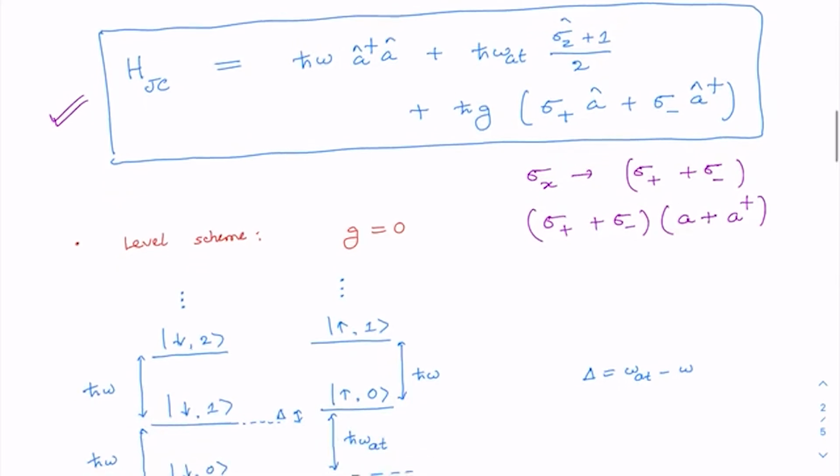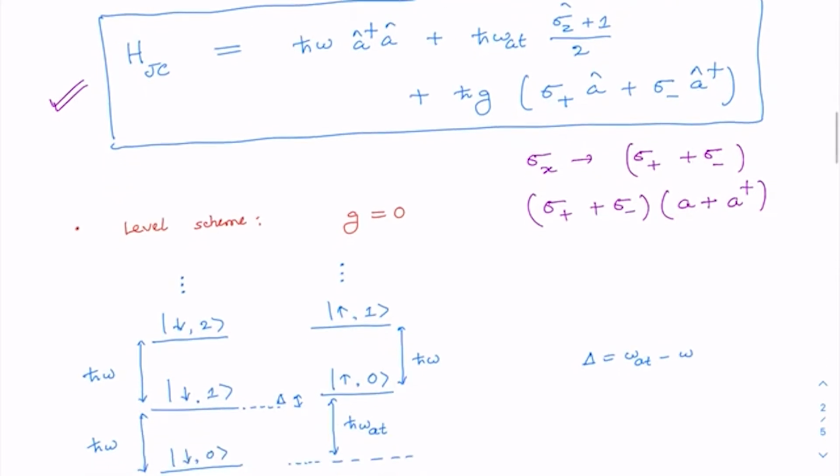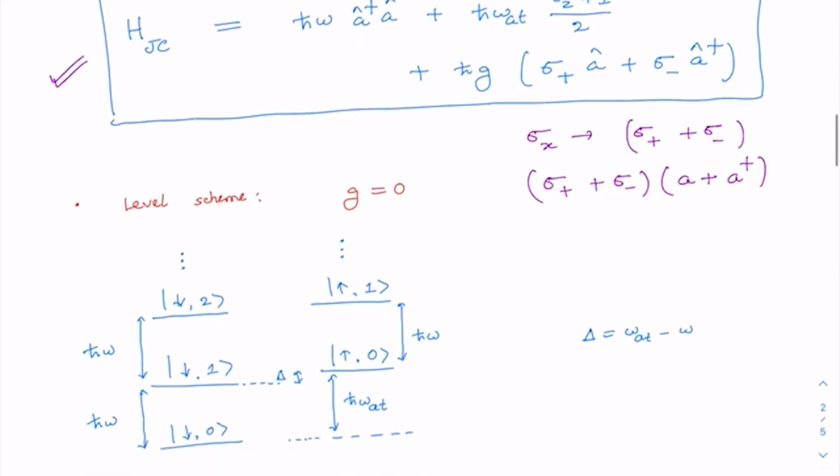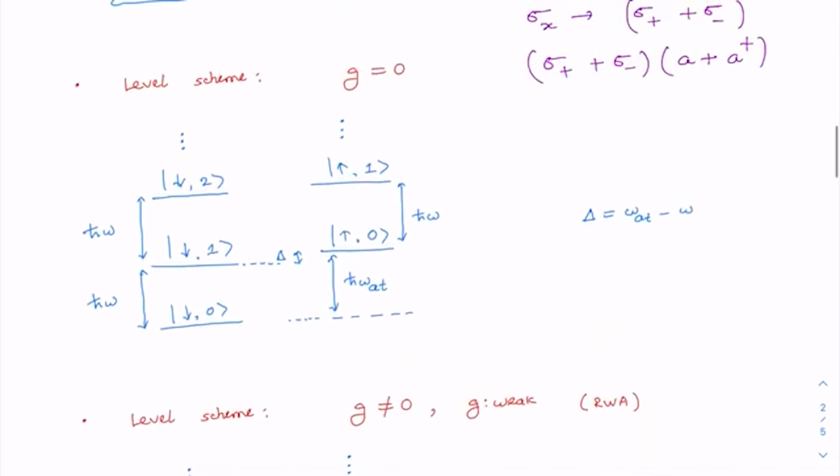Now the level scheme based on this RWA Jaynes-Cummings model we discussed. Here, as you see, when the coupling is 0, we can have two kinds of harmonic oscillator ladders depending on whether the atom is in the ground state or in the excited state, and what is the number of photons in the field mode. And we encountered an important parameter called the detuning parameter.